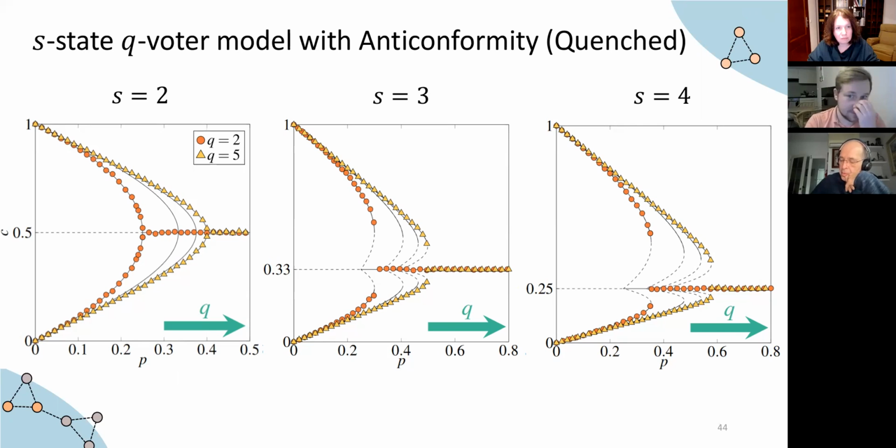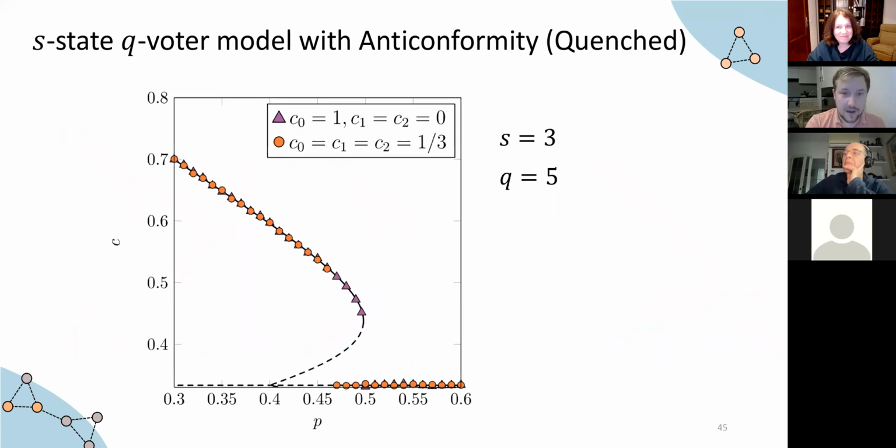But here, for the model with anticonformity, we have a switched behavior. So the quenched model produces discontinuity, but the annealed does not. And basically, I could finish at this point, because this is the main message from our work, but I will not, because I have something more to show you, which is quite cool for me, and I hope for you also.